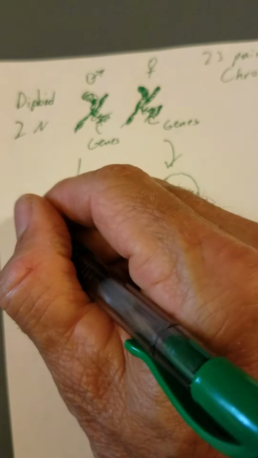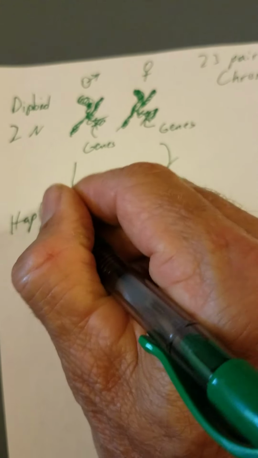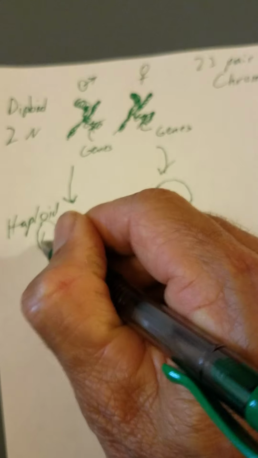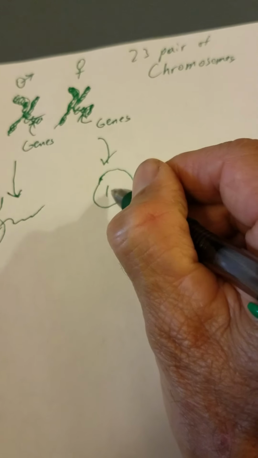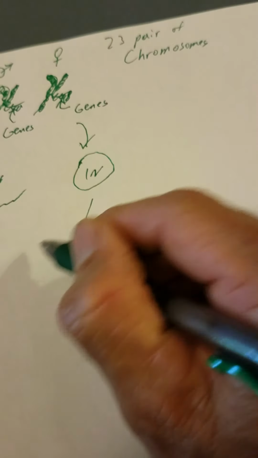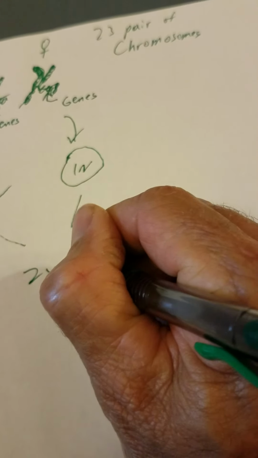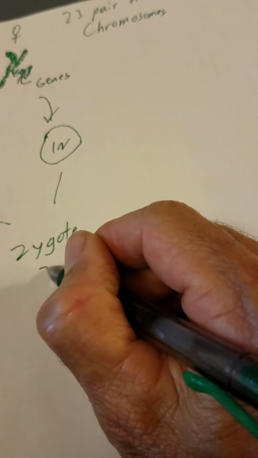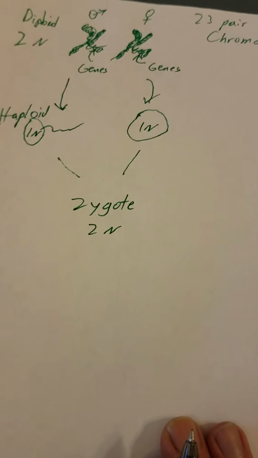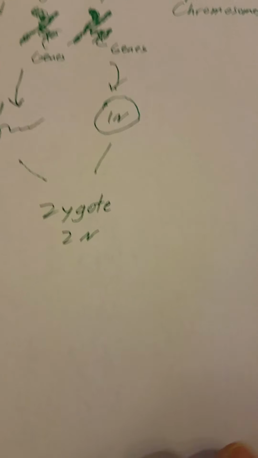So these are going to be haploid. We represent that as 1N. And when those come together as a fertilized egg called a zygote, then once again it's got the full chromosome number, so it's 2N.